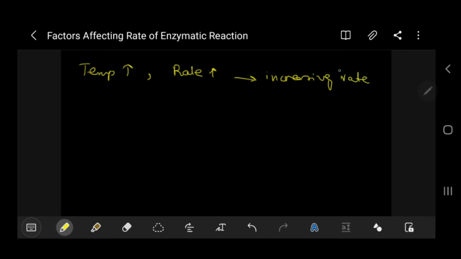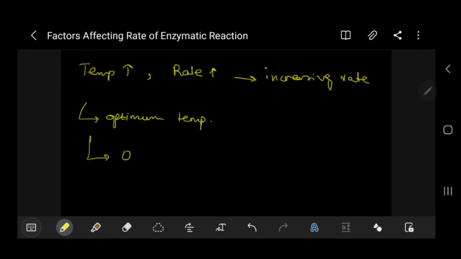It continues to increase till the point of optimum temperature, and then after that it shows a steep decline to finally become zero.